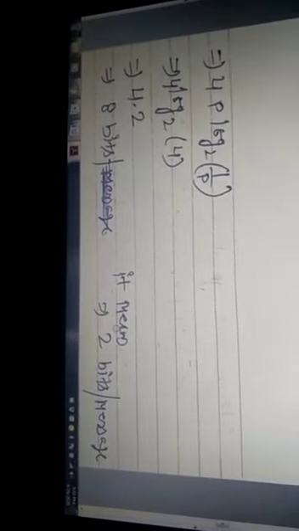According to the question, all probabilities are the same. It means 4 times P log 2 1 upon P. If we solve this formula using a calculator, the output is 2 bits per message.